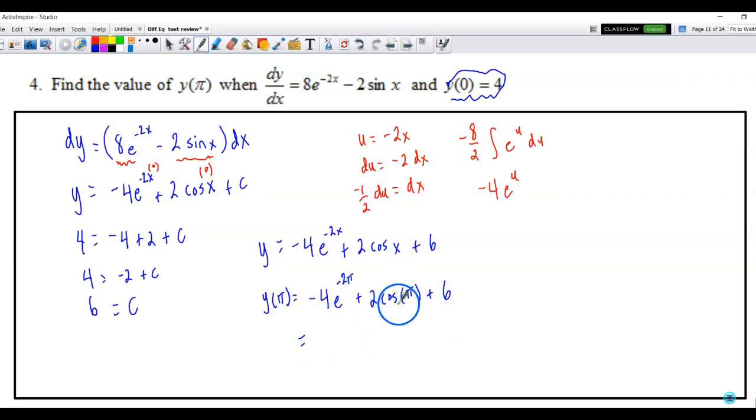The cosine of pi is negative 1, so that's going to make this a negative 2. And negative 2 plus 6 is 4, so my final answer is negative 4e to the negative 2 pi plus 4, which is equal to y of pi.